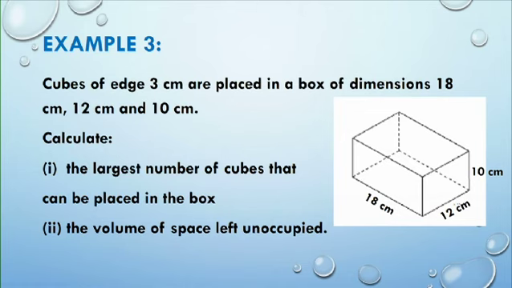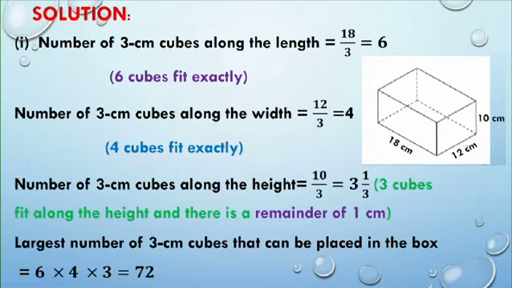So just like we did before, we are going to see how many 3 centimeter cubes can fit along the length. So 18 over 3, which is 6. In other words, 6 cubes will fit exactly along the length. Along the width, I'm going to have 12 divided by 3, that is 4. So 4 cubes will fit exactly along the width.